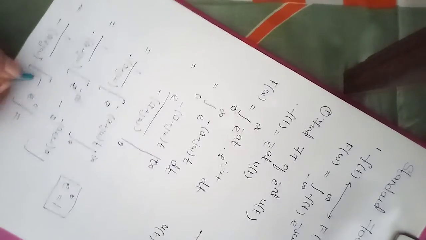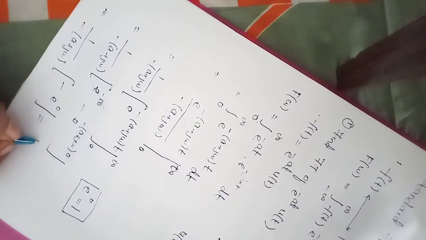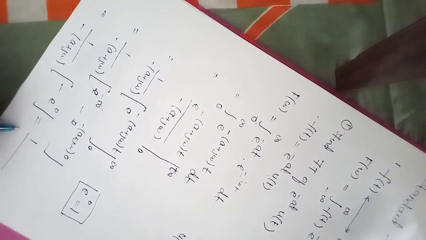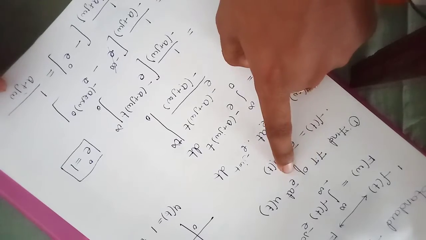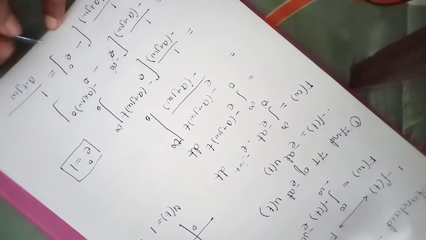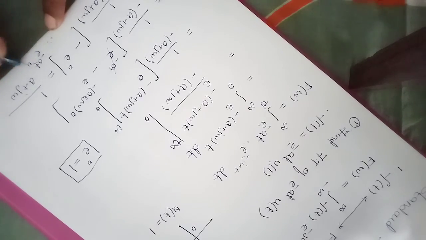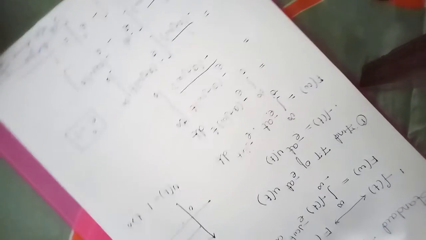This minus and this minus become plus, so I can write this as 1 by (a plus j omega). So the Fourier transform of e power minus at u(t) is nothing but 1 by (a plus j omega). This is my first function.